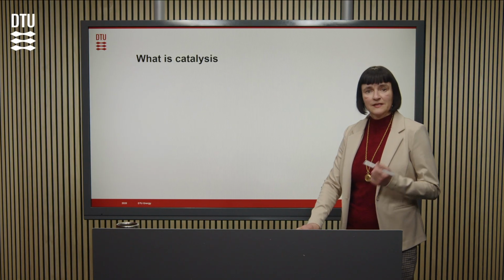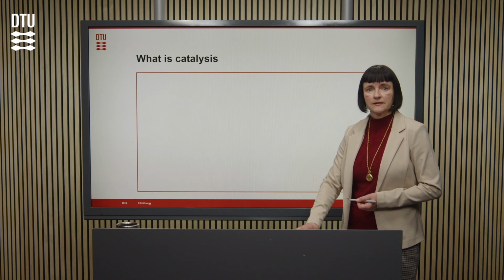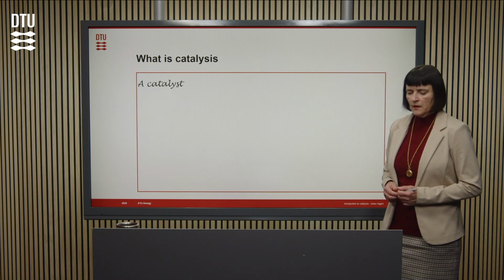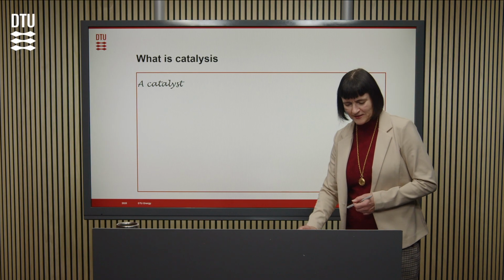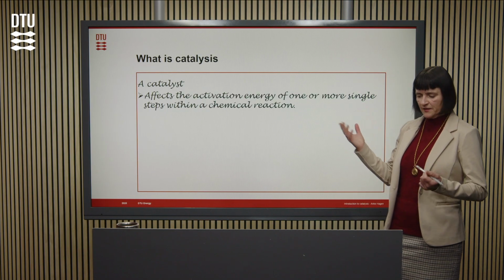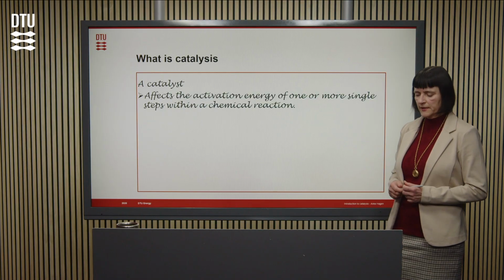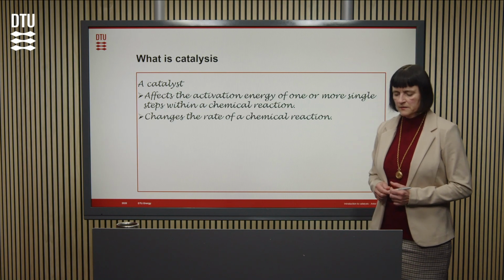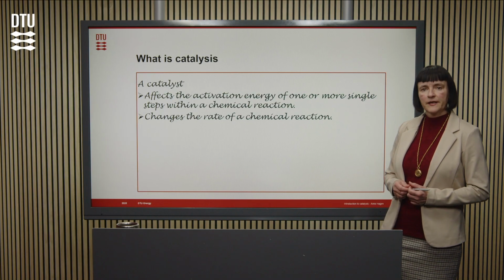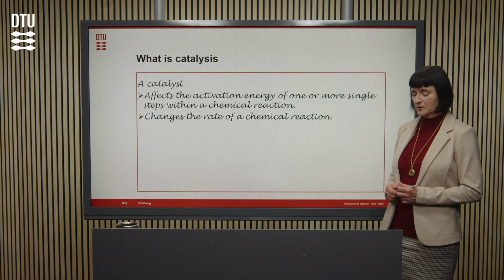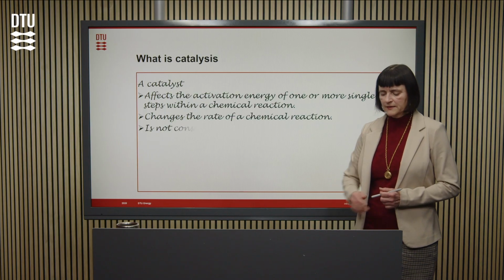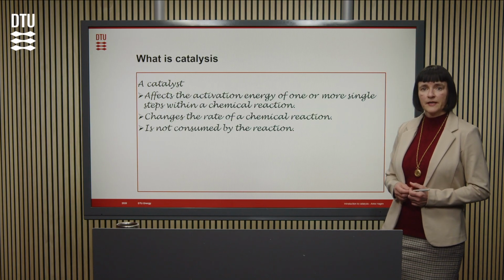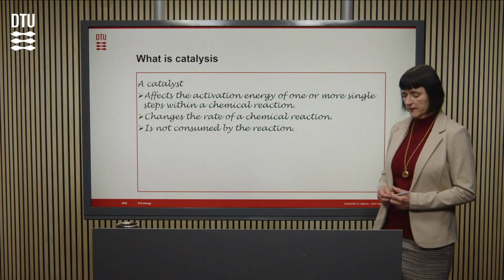So what is a catalyst? We can say a catalyst does the following things. It affects the activation energy of one or more steps in the chemical reaction process. A catalyst changes the rate of the chemical reaction, meaning you can be faster at the restaurant. The catalyst is not consumed by the reaction, so you have it at the end as well.